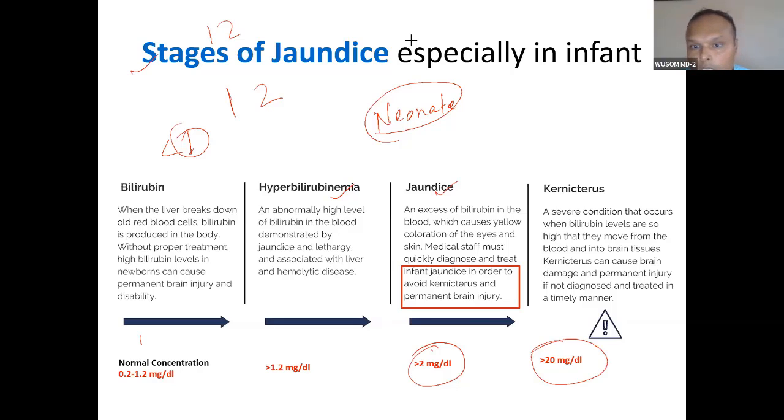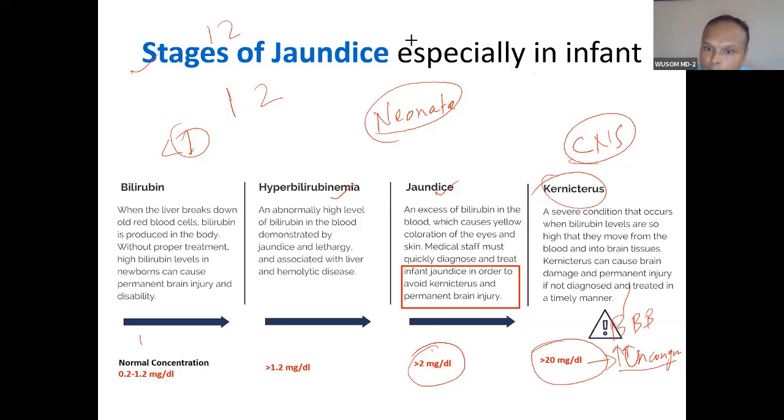More than 20 will cause kernicterus. Kernicterus happens in Crigler-Najjar syndrome; in a baby with Crigler-Najjar syndrome, the baby can have kernicterus. What is kernicterus? When unconjugated bilirubin is more than 20, because it is lipid soluble, it will cross the blood-brain barrier and damage the brain, especially the basal ganglia.